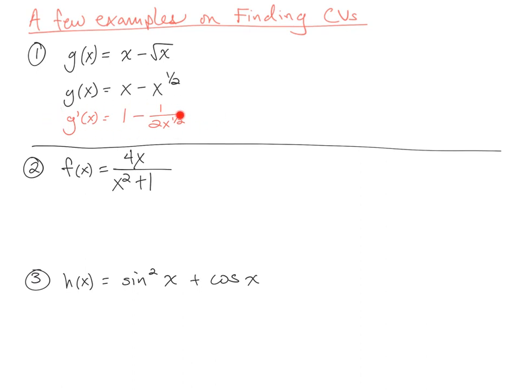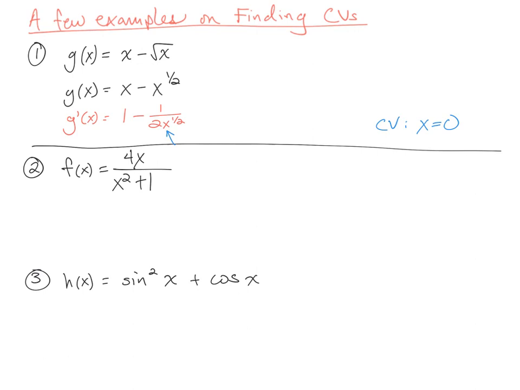In this case, yeah, that basically just means, hey, do we have any variables in the denominator? And the answer here is yes. So we have to say that x is not equal to 0. So that's one of our critical values here, because g prime of x is undefined when x equals 0.